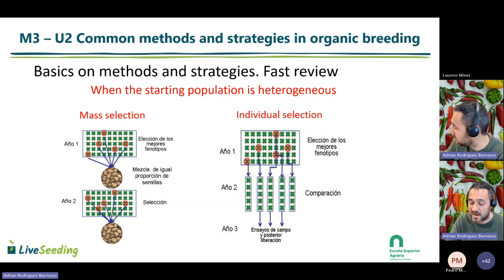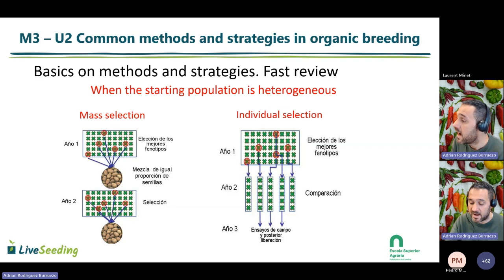I take the seeds of individual number 75, which was one of the selected, and next year I will evaluate individually this offspring, together with the others, but tracking them. The same with the other selected individuals. You can see here the separated rows corresponding to the offspring of each individual selected the previous year.